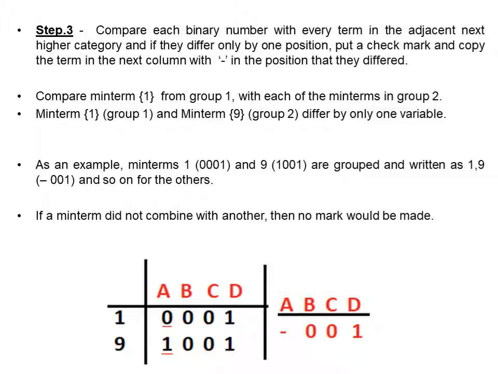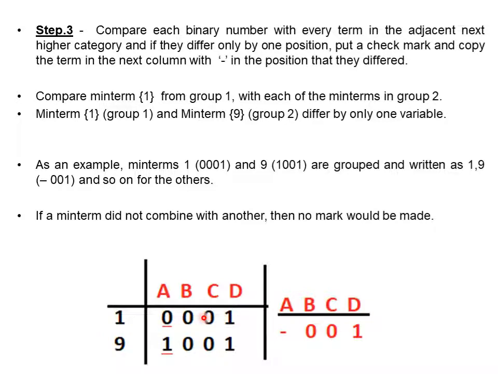Minterm 1 in group 1 and minterm 9 in group 2 differ in only one variable. So here group 1 is coming under group 1 and 9 is coming under group 2. We are comparing the combinations present in group 1 and group 2, starting from minterm 1.